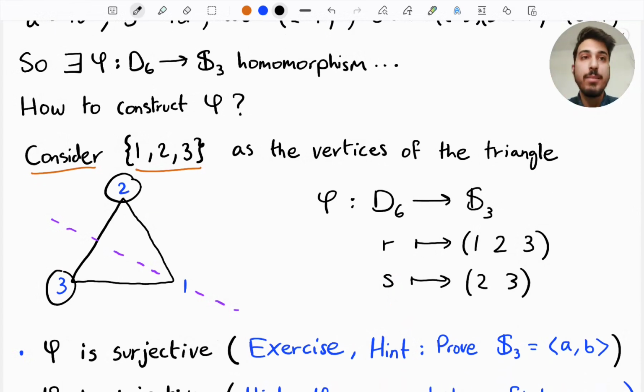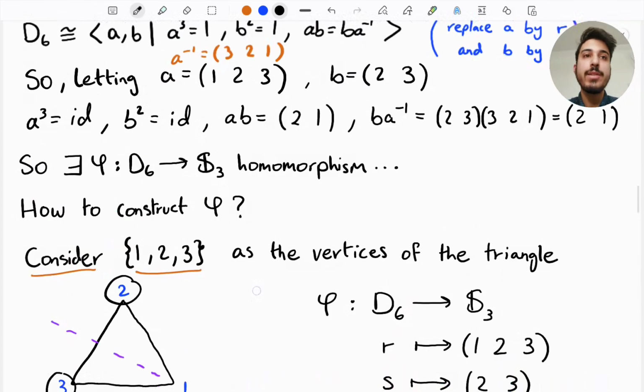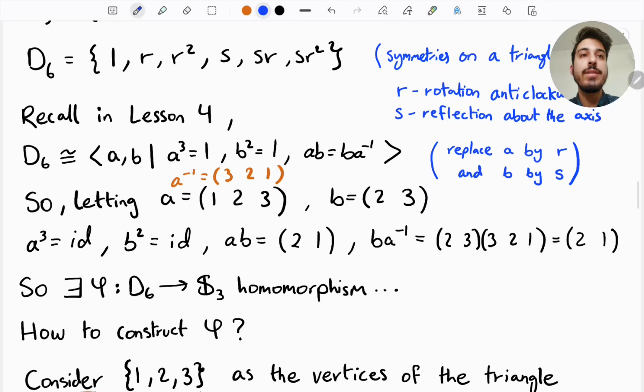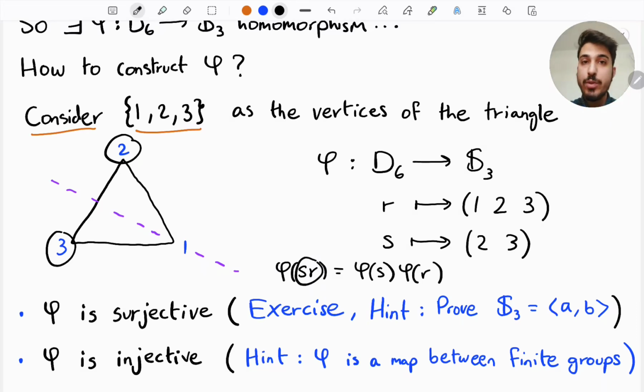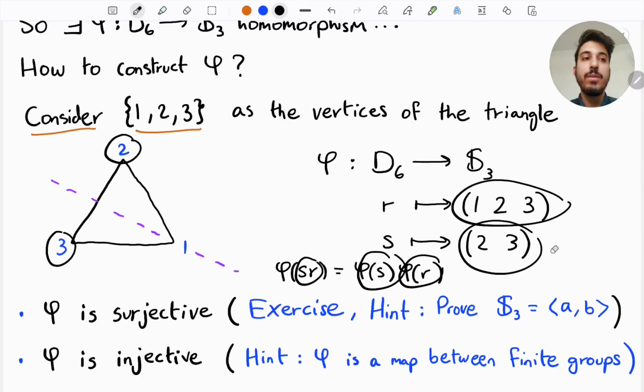And in fact, it is, because we've just seen that the same relations are satisfied over here, and you can check for yourself that phi of SR is equal to phi of S times phi of R. So on the left hand side, you will perform your symmetries on the triangle, and then you're going to see where phi takes each vertex, and on the right hand side you're going to perform just the cycle composition of (1 2 3) and (2 3), and you're going to check that they're equal.